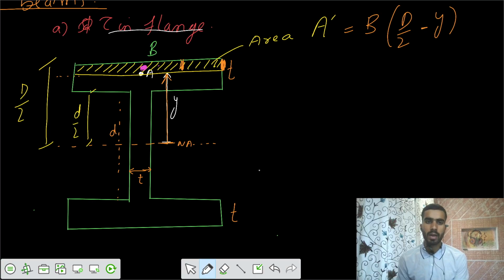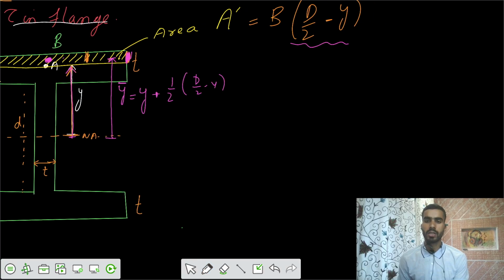It acts at one half of that smaller depth, plus your y value. So y bar is y plus half of (D by 2 minus y). So you got the y bar also.